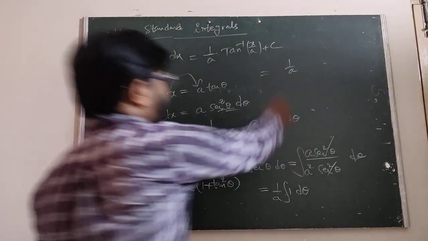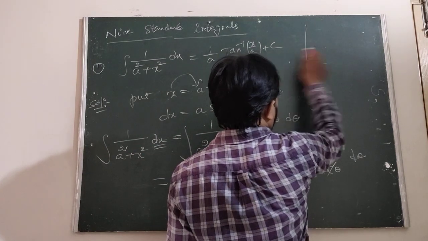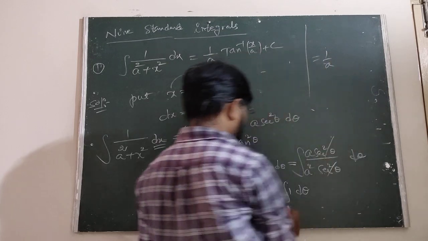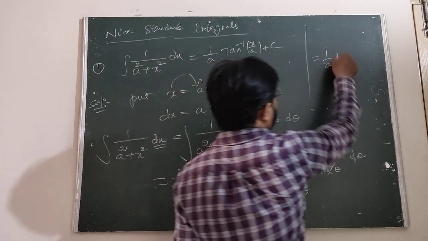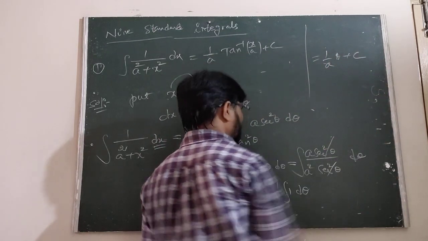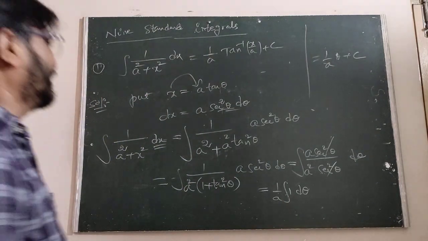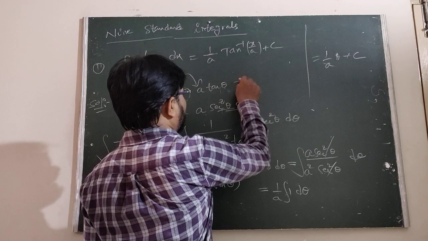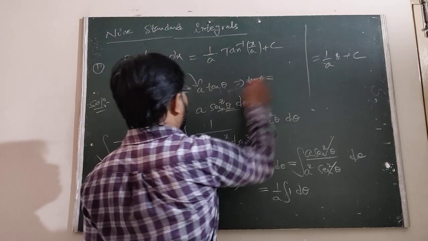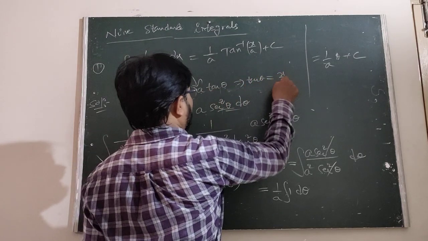Therefore, we can write the integral as 1 by a, and the integral of 1 into d theta is theta plus c. What is theta here? We can write tan theta equal to x by a.